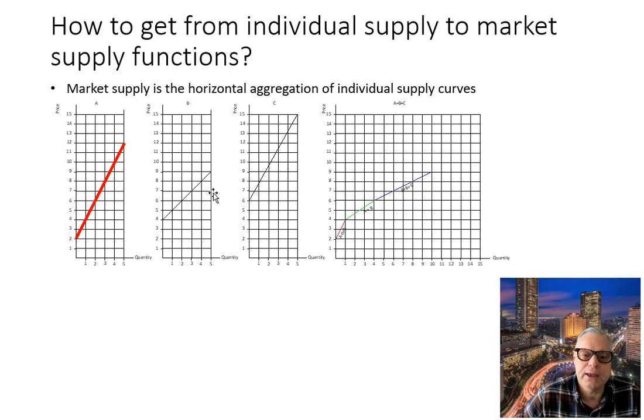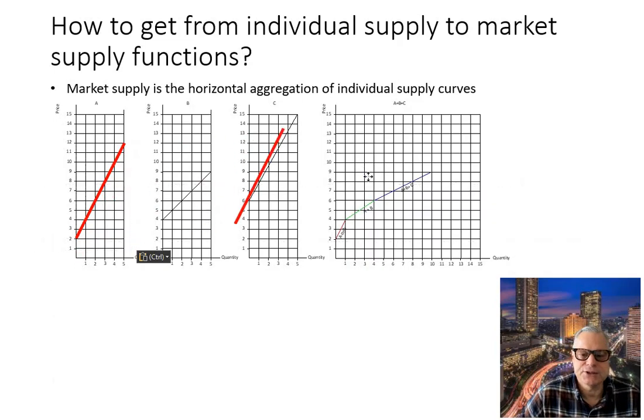Producer B and C, they can only start producing if they get at least 4. And in fact, producer C would require at least 6. So for a quantity between 0 and 1, only producer A can produce.